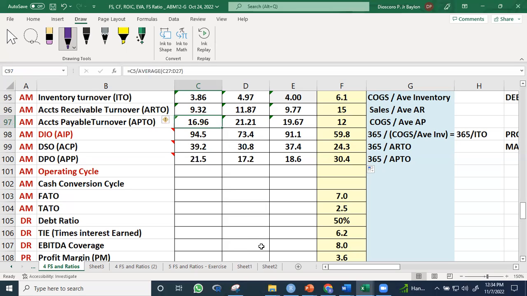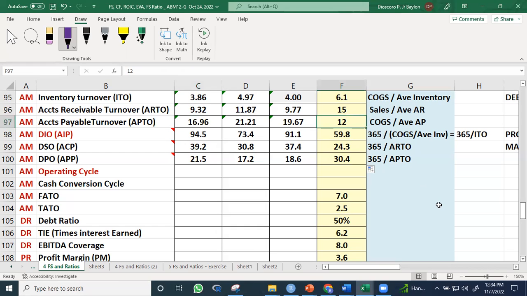Kung 17 times a year yan, ibig sabihin, more than once a month. Diba? 17 times, 12 months lang eh. Ibig sabihin, more than once a month yung average niya. Okay? Si competitor 12 times lang.